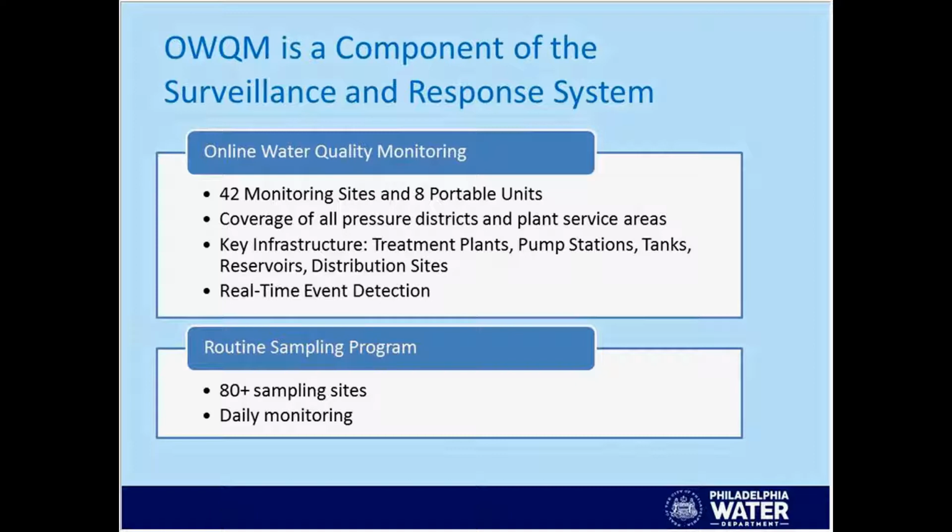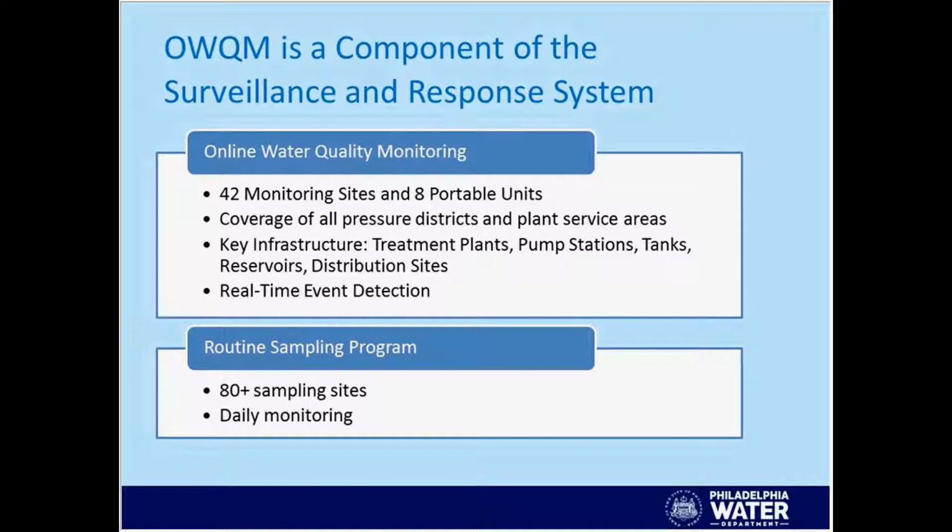So online water quality monitoring is a major component for a surveillance response system. Online water quality monitoring is the beginning of the SRS. That's where all the data is originating. Our system consists of 42 fixed monitoring stations, and we also have 8 portable units, which we refer to as rapid deployment modules, and I'll discuss them a little bit further.